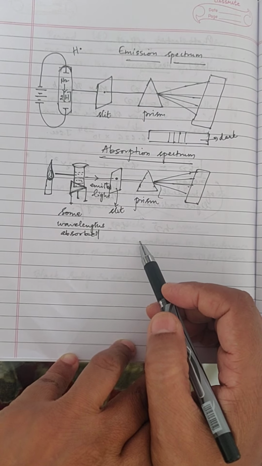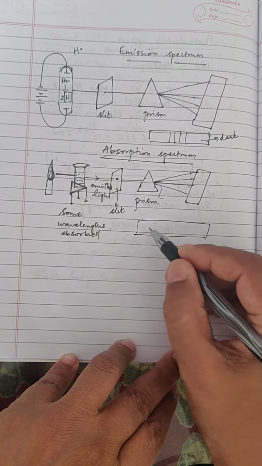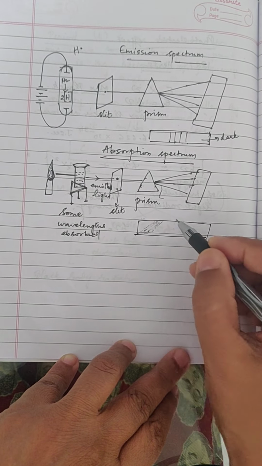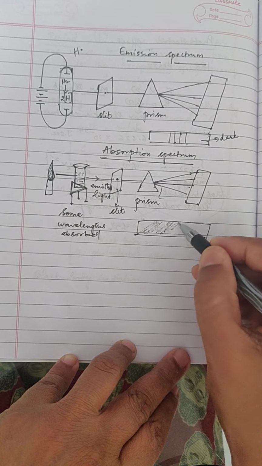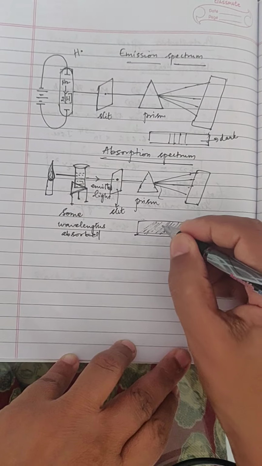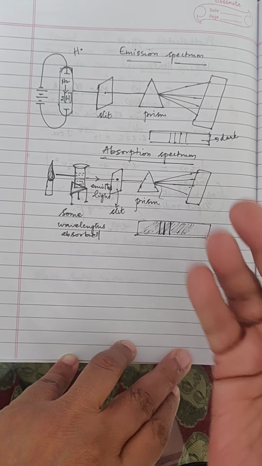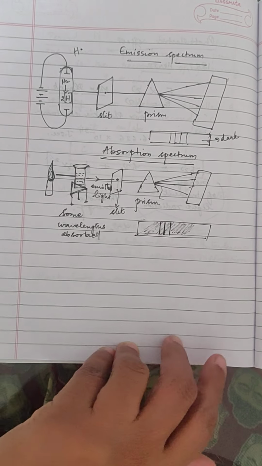Whereas in the case of absorption spectrum, you have a set of colors. This is one color, this is one color. One color is merging into the other, and you find dark lines on a shade of colors.